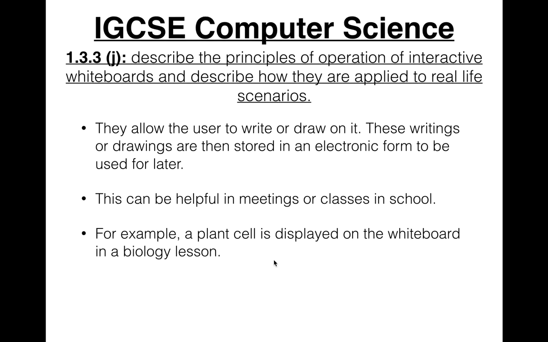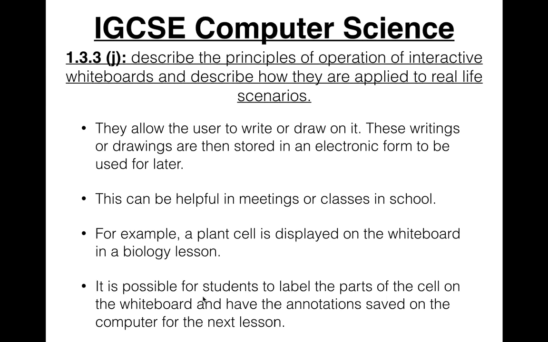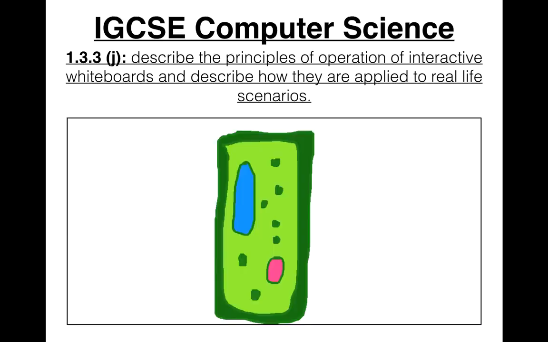For example, a plant cell is displayed on the whiteboard in a biology lesson. It's possible for students to label the parts of the cell on the whiteboard and have the annotations saved on the computer for the next lesson. So here we've got a plant cell. I sort of drew this, it looks really weird.